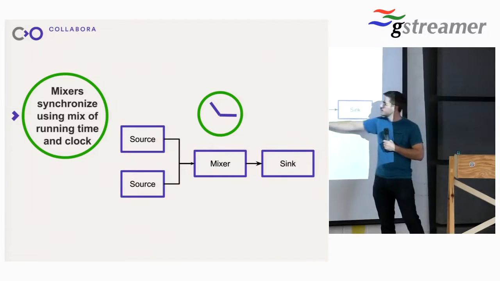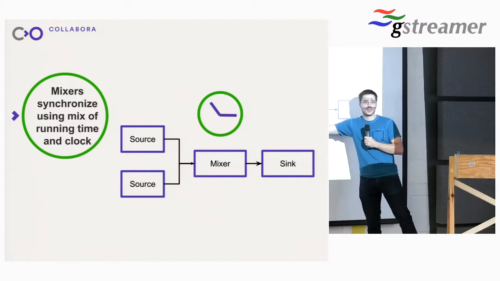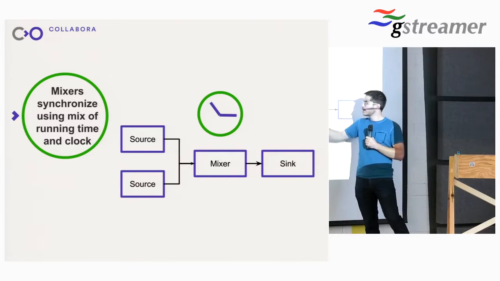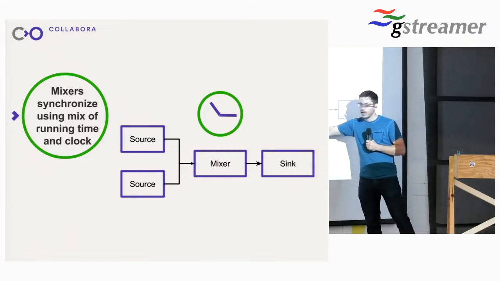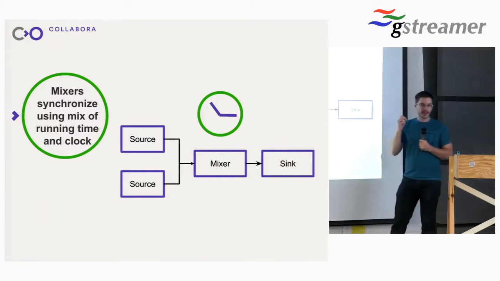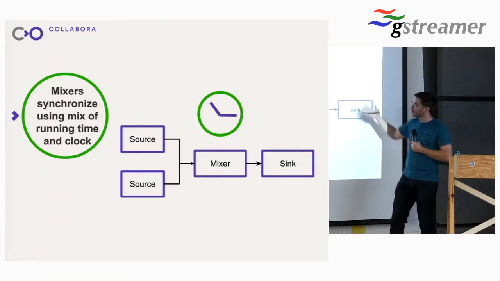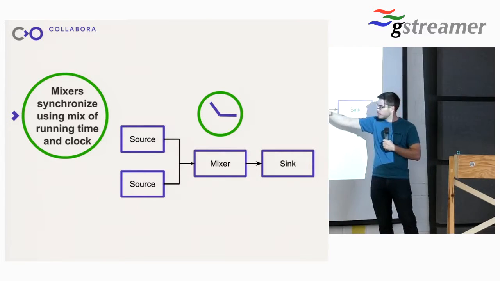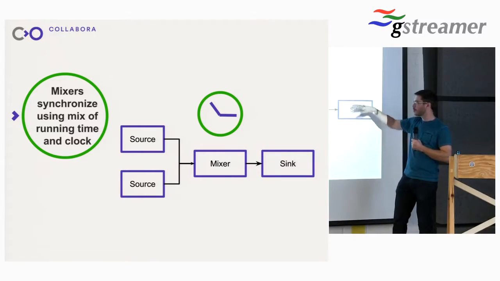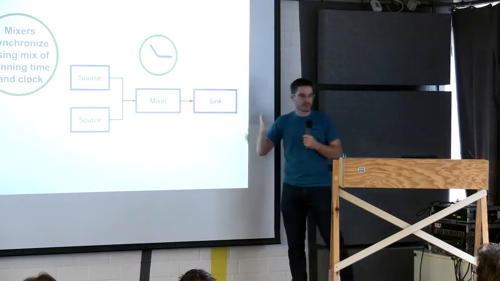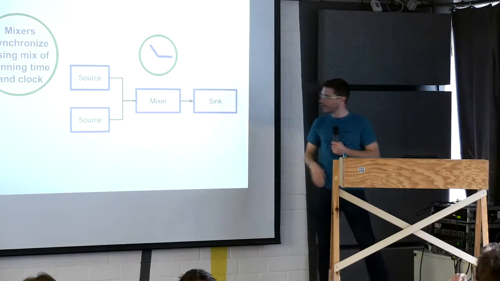So the mixer will receive data on all its pads, but there's data missing from that source. At that moment, it's going to use the clock to wait until the last moment that you can actually produce data. And at that moment, if there's no data coming in, it's going to conceal that and just produce a packet. So concealment of data in this case depends on the mixer and the media type.